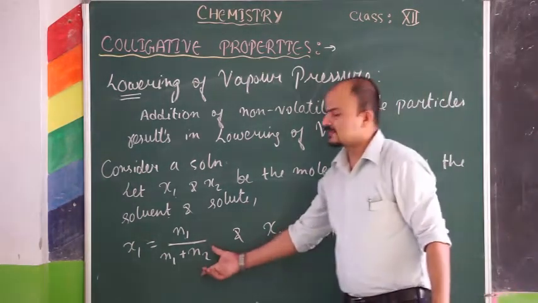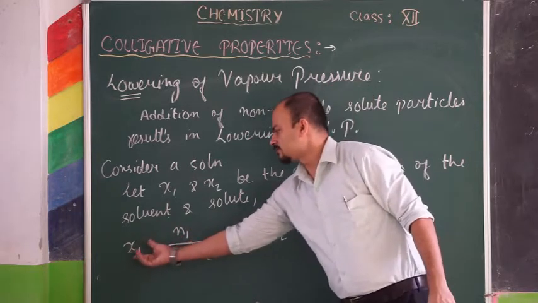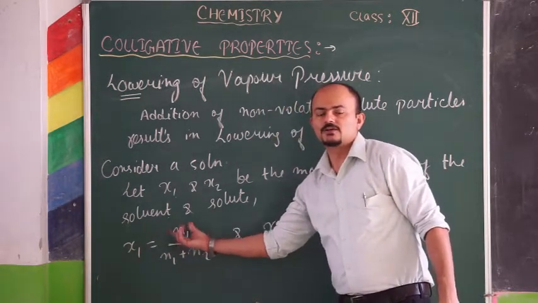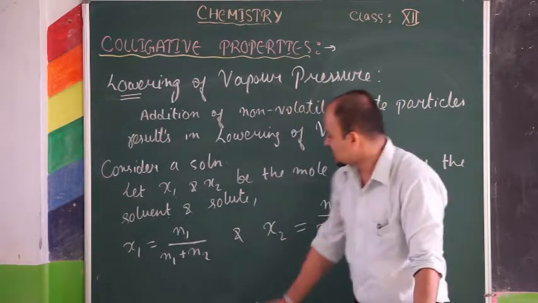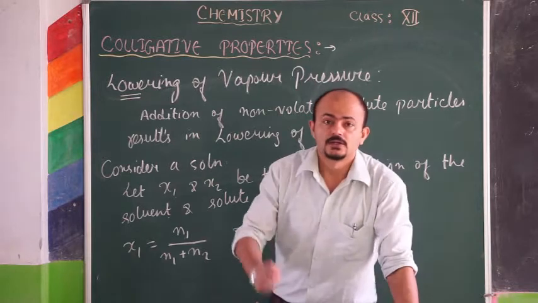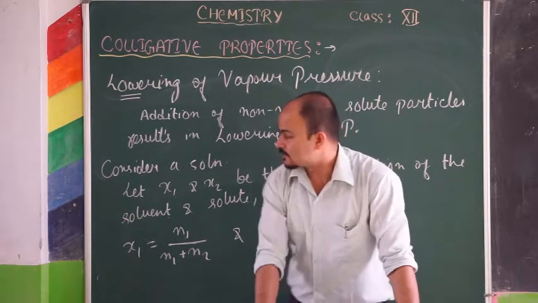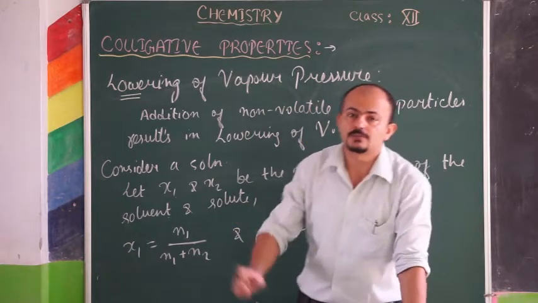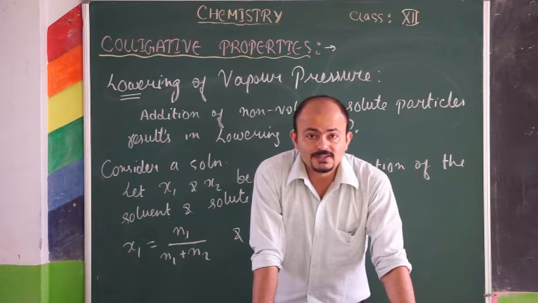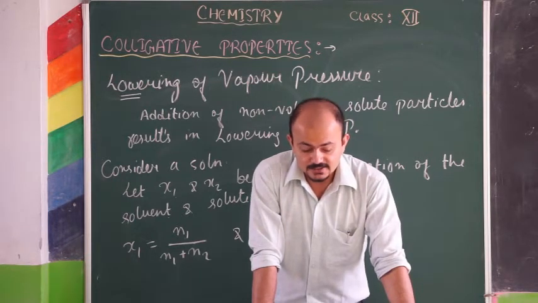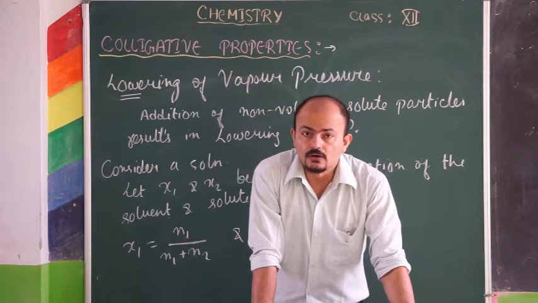So the mole fraction can be known from the number of moles of the solute and the solvent. Since the solute is non-volatile, its contribution to the total vapor pressure is negligible.